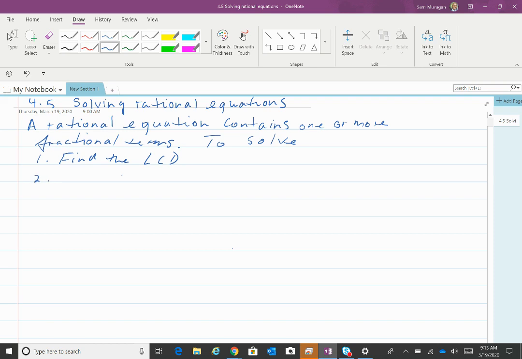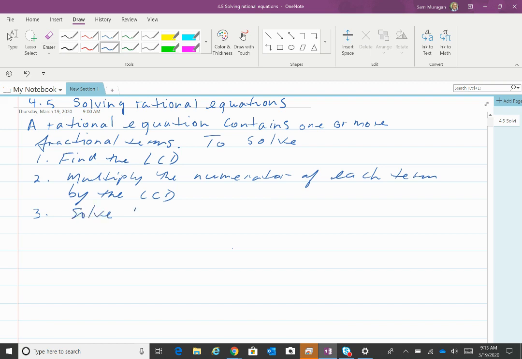Step two, multiply the numerator of each term by the LCD. Step three, solve the equation.